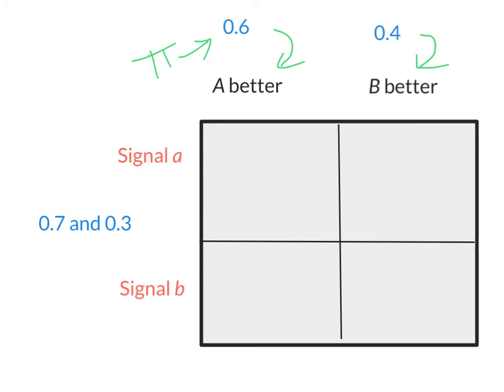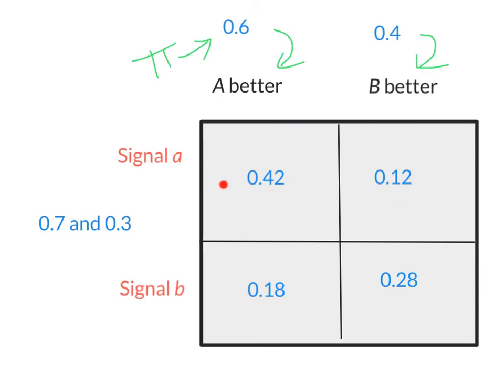So now we can work out the ex-ante probabilities of each of these boxes. And those are given by these numbers here. For example, the chance of A being better and receiving signal A is given by 0.42. There's a 0.6 chance that we're in this column. If we receive signal A, there's a 0.7 chance that we're going to be in the left column rather than the right column.